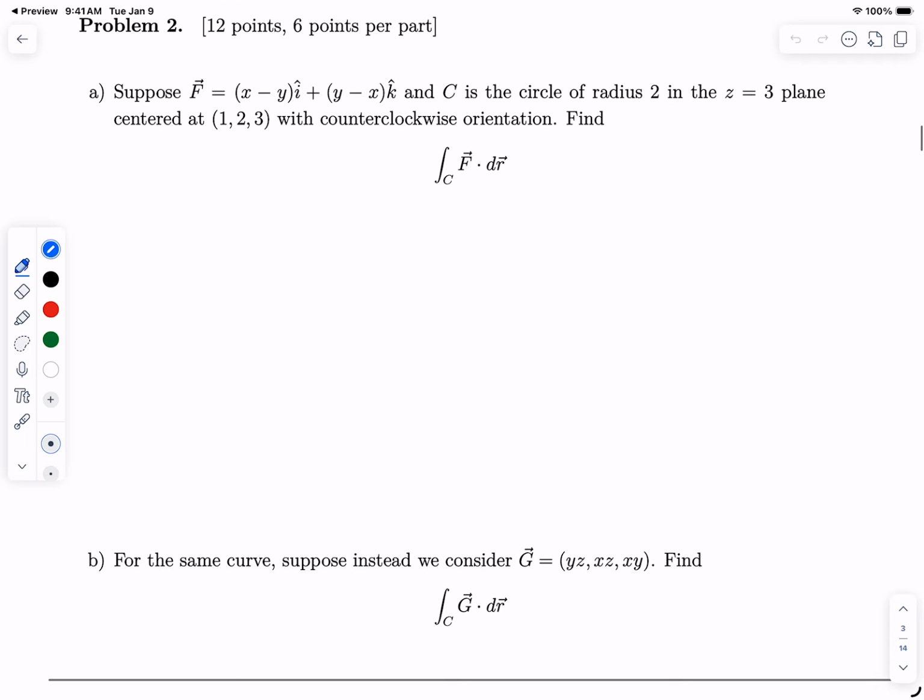Okay, a vector field is given to me, and C is the circle of radius 2 in the z is equal to 3 plane, centered at (1, 2, 3) with counterclockwise orientation. Find this. What should I do? Can I use any theorem or?